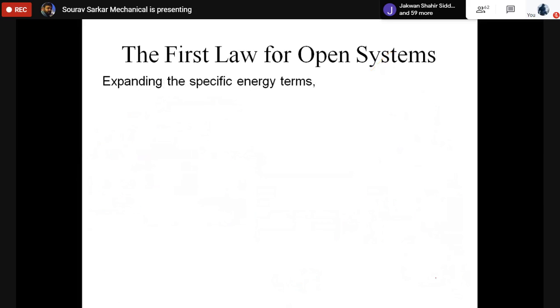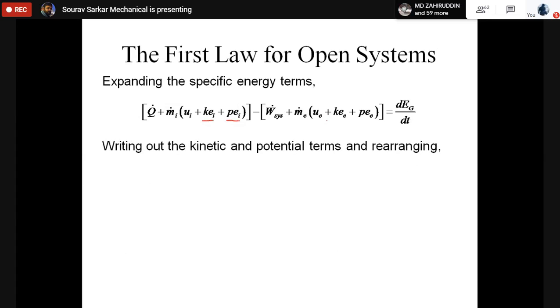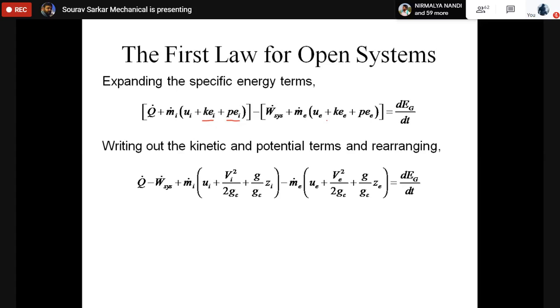Now let's try to expand the term, which is basically the specific energy. Specific energy is basically the internal energy, the kinetic energy, and the potential energy. K is basically the kinetic energy, P is basically the potential energy. So finally I can write down that it is basically this.